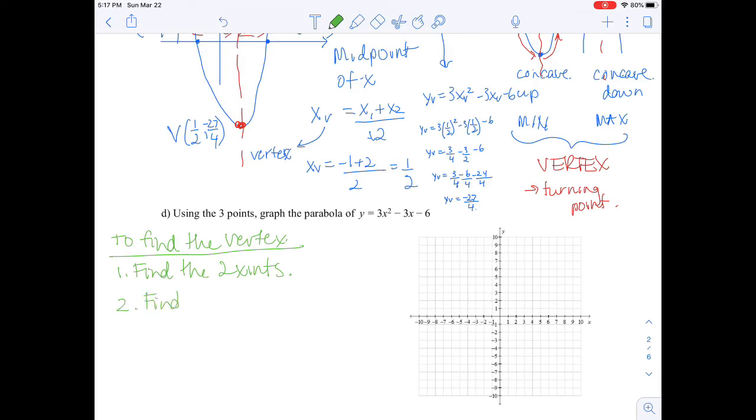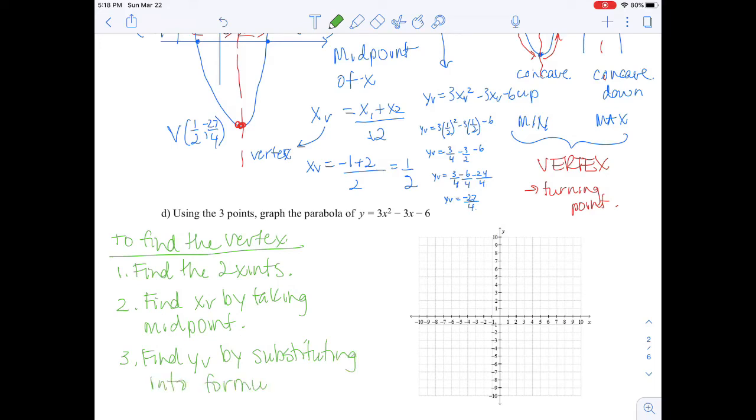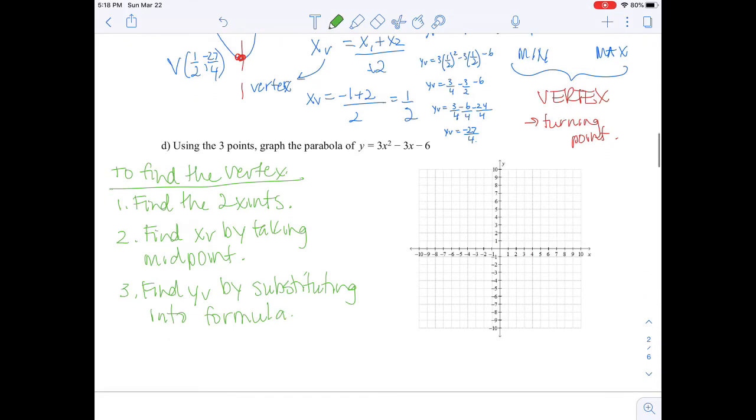Find xv by taking the midpoint, and then find yv by substituting into the formula. Okay, and then we get the vertex. The vertex is xv, yv.